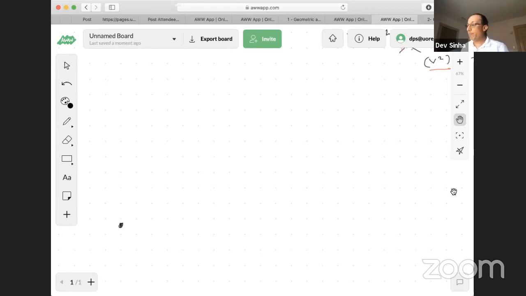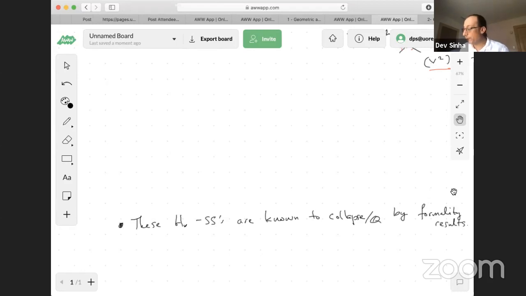These homology spectral sequences are now known to collapse over Q by formality results. I just wanted to say a little bit about those. I think I won't say nearly as much as I want because I do need to end on the hour today.